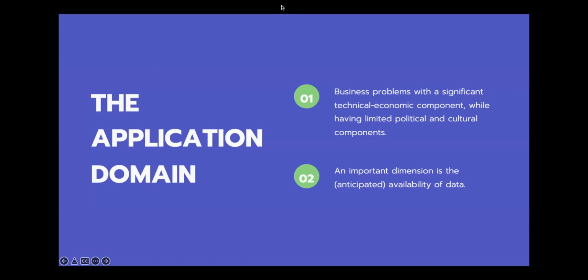The reason for this is that if the political and cultural components are much higher and more significant, other methodologies will be much preferred. And the second thing is that a very important dimension is the availability of the data in this methodology to make it the most effective. So that's my part. We're coming to the next part.